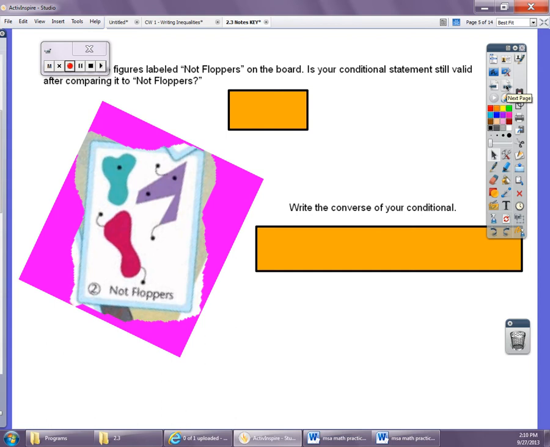Now we can compare flappers and not flappers. These are not flappers. Is our conditional statement still valid after comparing it to not flappers? Yes, because when we look at these, they don't have one eye and two tails. So write the converse of our conditional.